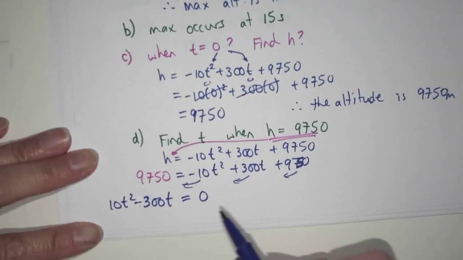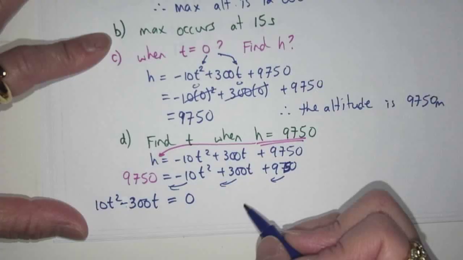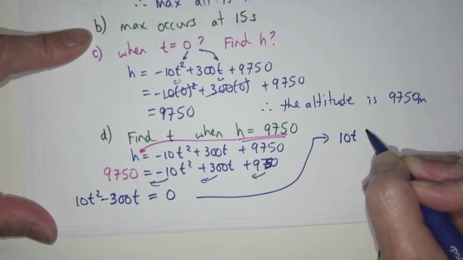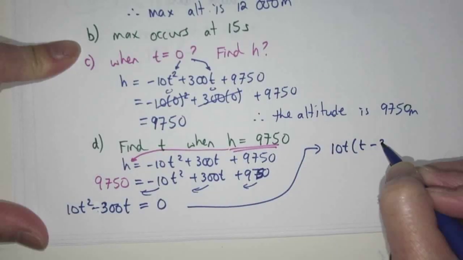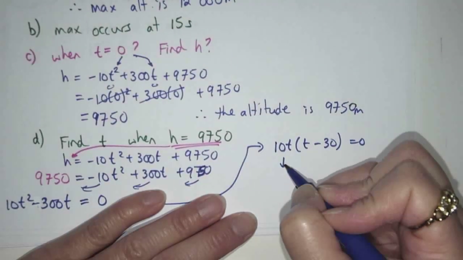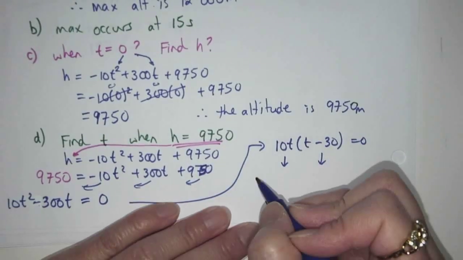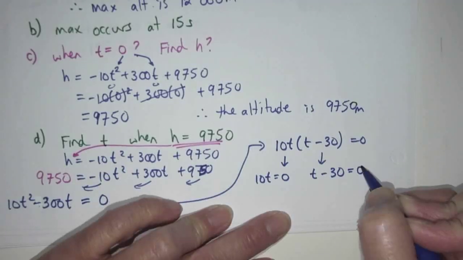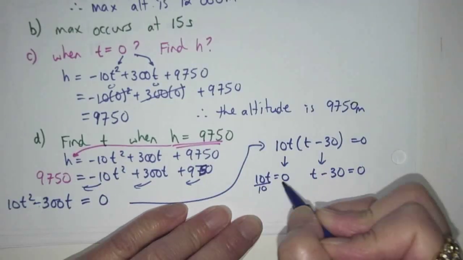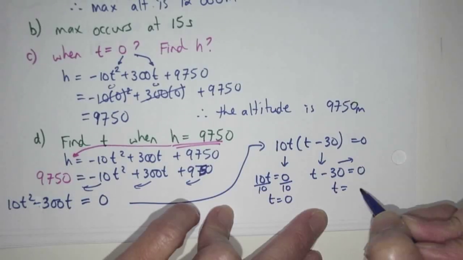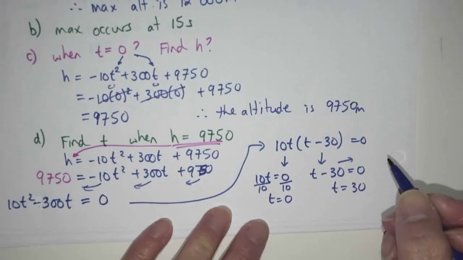Now, this part, we've done a bit of solving with factoring. So if I common factor out 10t, I'm left with t minus 30. Now, we looked at this before with factoring and then solving. So 10t equals 0 and t minus 30 equals 0. So then divide both sides by 10. So t equals 0 and t equals, bring the 30 over, 30.